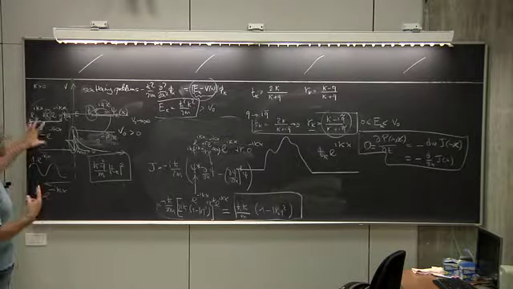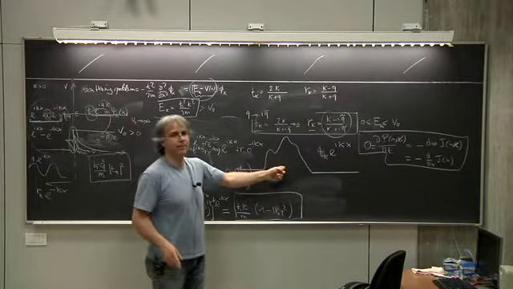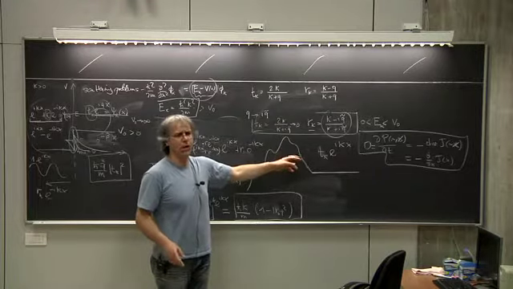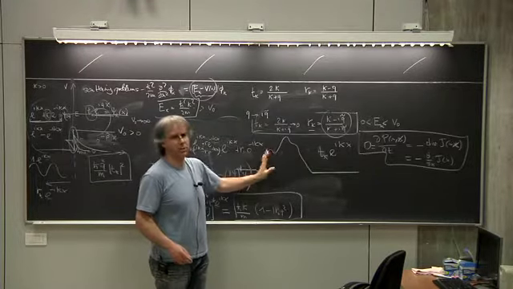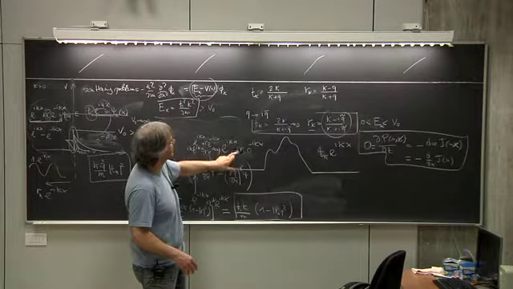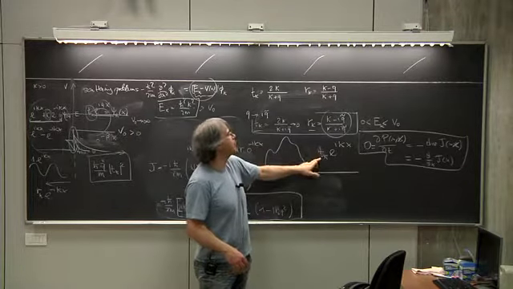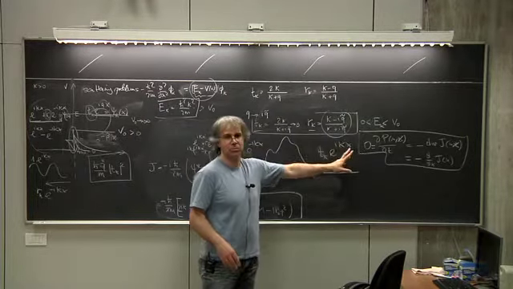One is called the transmission matrix. For instance, let us look at this problem. It's a barrier. By the way, I didn't specify what the barrier was. It is true in general that the wave function here should be 1 plus R e to the minus ikx, and the wave function here should be some T e to the iqx.